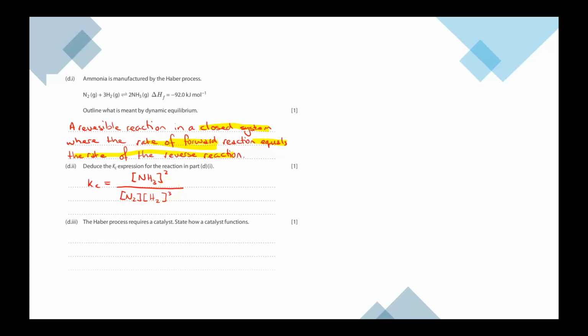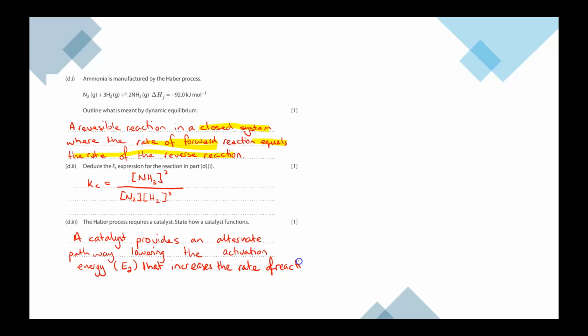So the Haber process requires a catalyst. State how a catalyst functions. A catalyst provides an alternative pathway that lowers the activation energy. Okay, so an alternative pathway lowering the activation energy. Do you know what? I would even add this: a catalyst provides an alternative pathway lowering the activation energy that increases the rate of reaction.